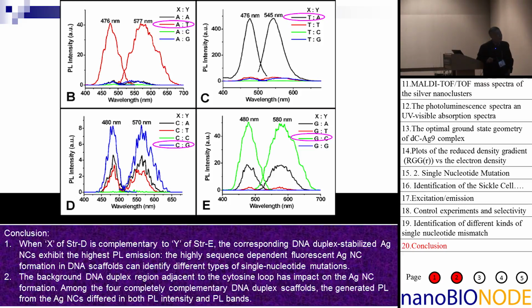So the background DNA duplex region adjacent to the cytosine loop has an impact on the silver nanocluster formation. And for the four completely complementary DNA duplex scaffolds, the photoluminescence from silver nanoclusters differed in both photoluminescence intensity and photoluminescence band.